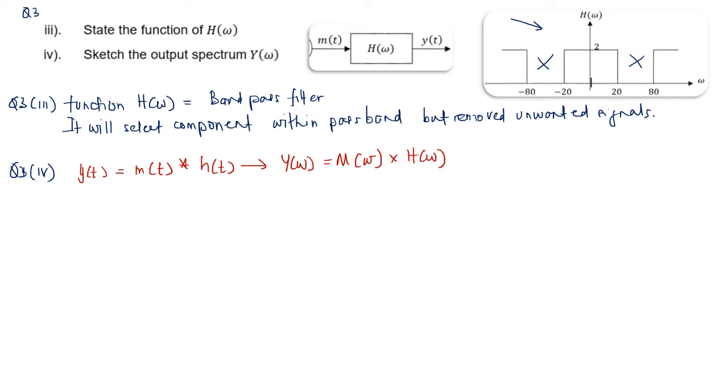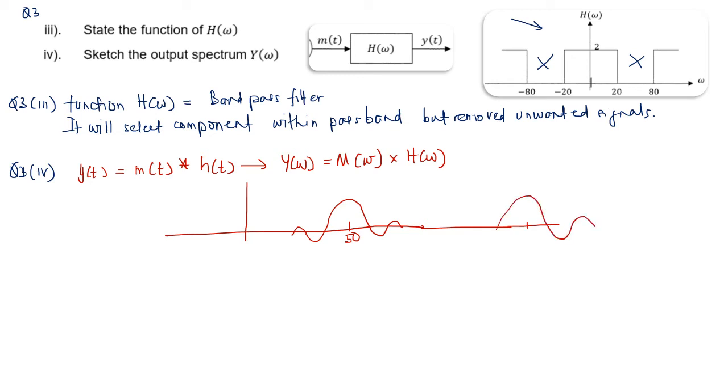So you have your M(omega) earlier. Your M(omega) looks something like this. At 50, you have one sinc function, and then at 100, you have another sinc function. The magnitude is 1, so this is your M(omega).